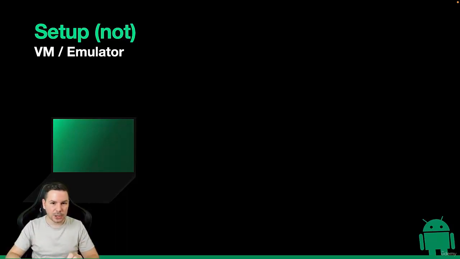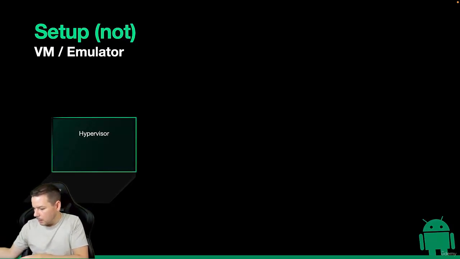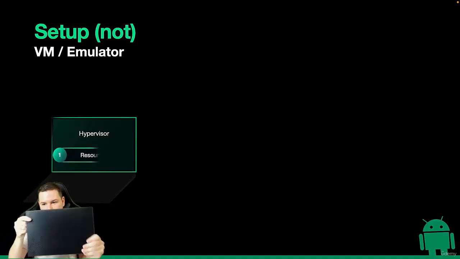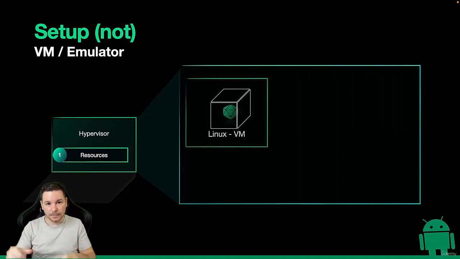Alright. If we are now using an Ubuntu system, we need some kind of virtualization, for example VMware, VirtualBox, QEMU or other things. These virtualizations are using a hypervisor, and this hypervisor is sharing resources from our real laptop, this one for example, to the virtual machine. So these resources are now being shared between those two. Okay, so far absolutely no problem. This is why we have virtualization.